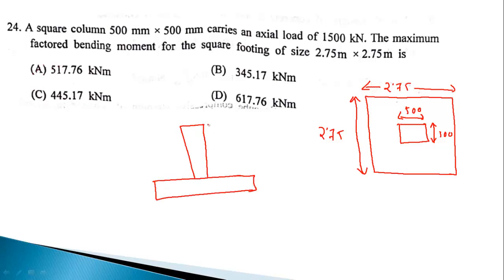So let's ignore the drawing. P is given, this is the column. We have to find the factored bending moment. For this, the first step, step 1, is to find the load intensity, W or Q, anything you can take.